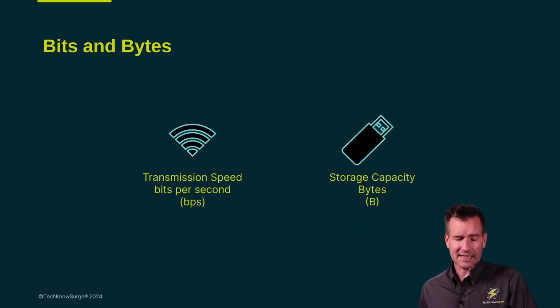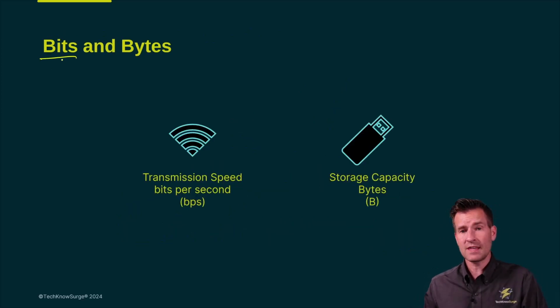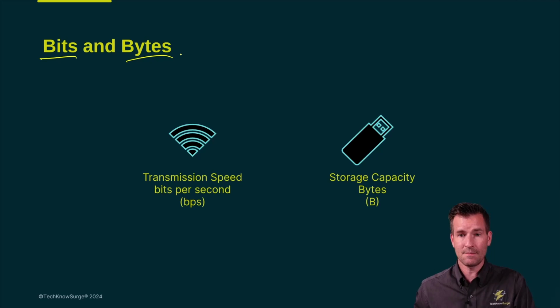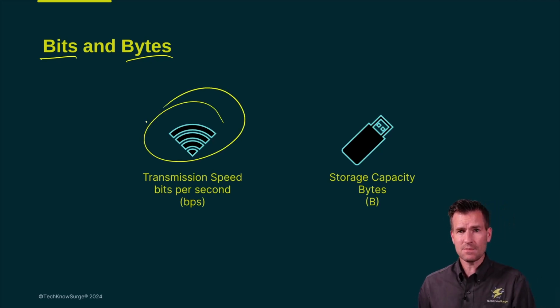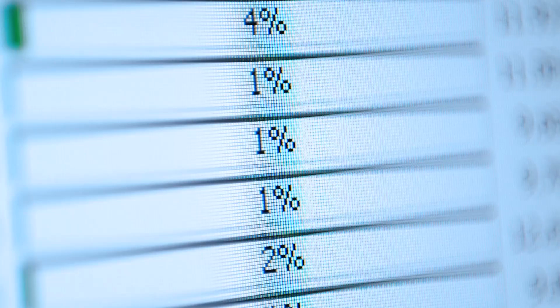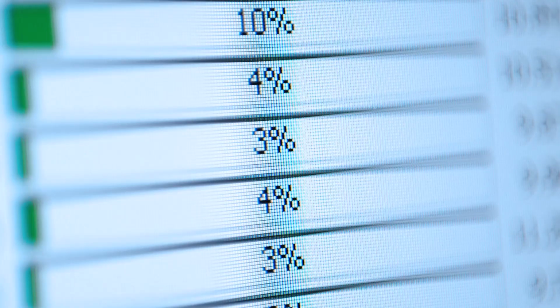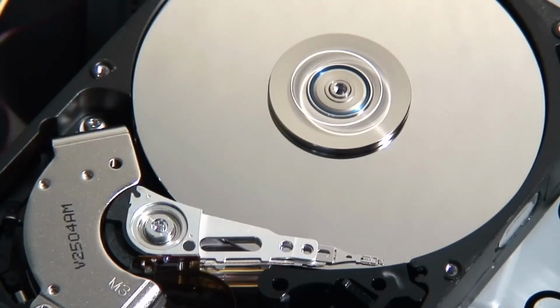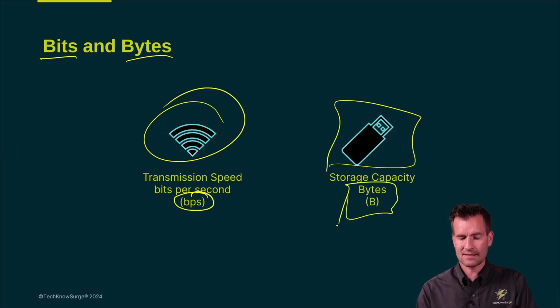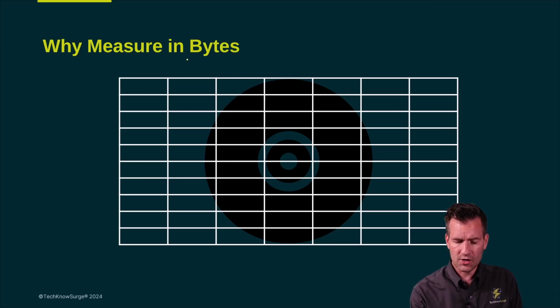But what's interesting is sometimes we use bits to measure things, and sometimes we use bytes to measure things. For instance, when we're talking about transmission speeds, most of the time that's considered as bits per second, the number of bits per second. So we measure speed in bits per second. But when we're talking about storage, we're measuring it in bytes. So why do we measure storage in bytes?